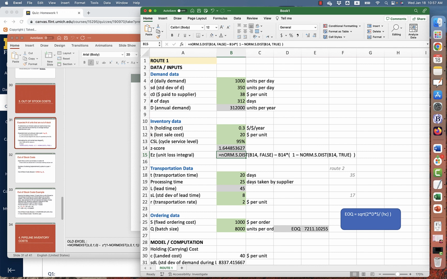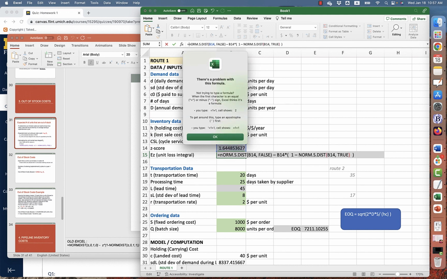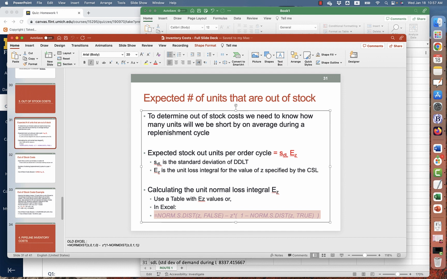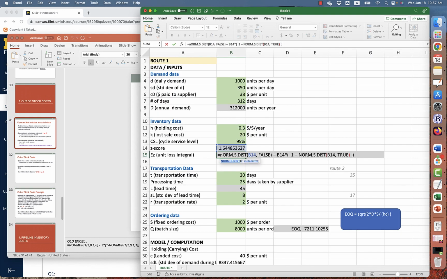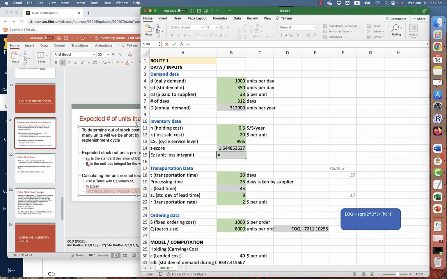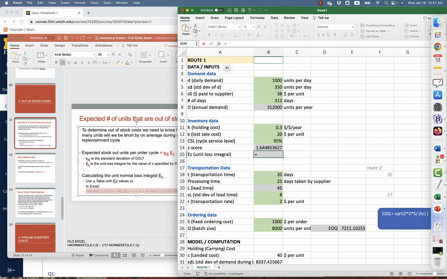Okay, so it's entering it as text. So let me cut this out. Okay, so I think the problem is when you copy paste, this is formatted text and it's not accepting that as a formula. So I'll just have to type it. So let's make it smaller so I can read and type at the same time.